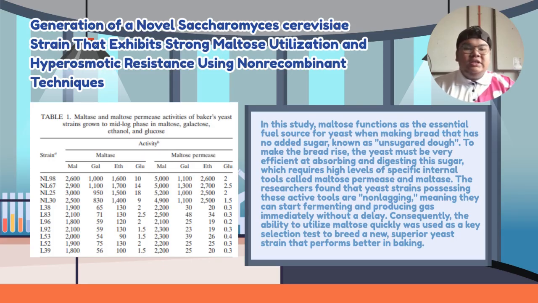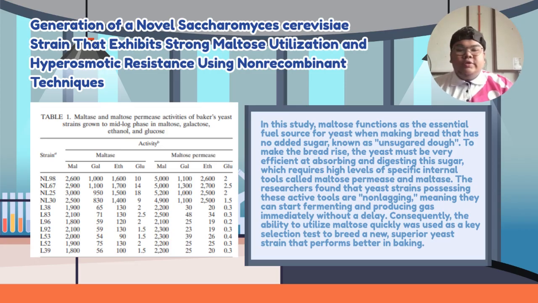To make bread rise, the yeast must be very efficient at absorbing and digesting this sugar, which requires high levels of specific internal tools called maltose permease and maltase. The research found that yeast strains possessing these active tools are non-lagging, meaning they can start fermenting and producing gas immediately without delay. Consequently, the ability to ferment maltose quickly was used as a key trait for strains that performed better in baking.